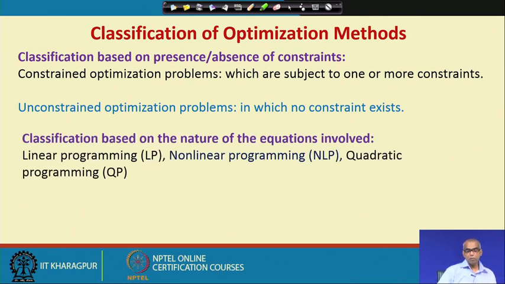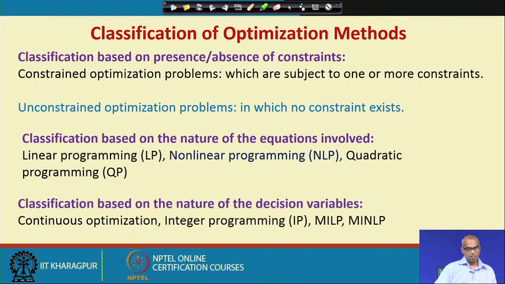The classification may also be based on the nature of the equations involved. In a linear programming problem, the objective function is a linear equation, and all the constraints are linear equations. In a nonlinear programming problem, the objective function may be nonlinear, and the equations may also be nonlinear. In a quadratic programming problem, the objective function is quadratic and the constraints are all linear.